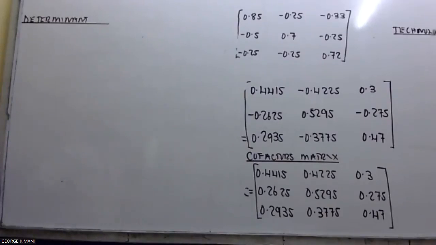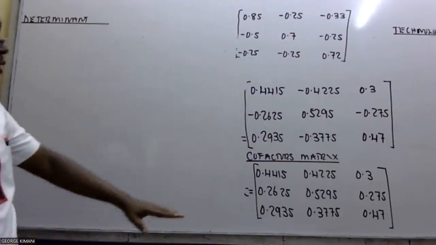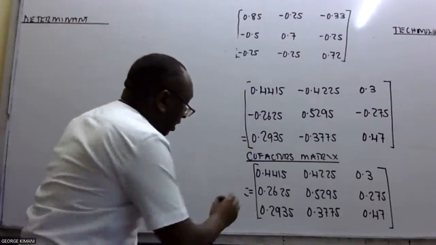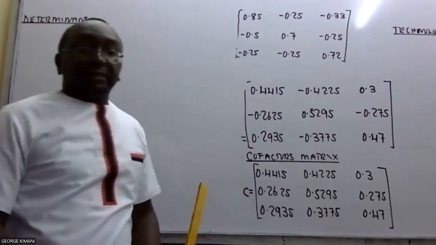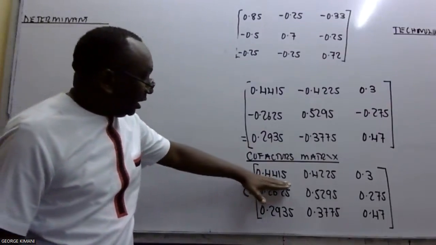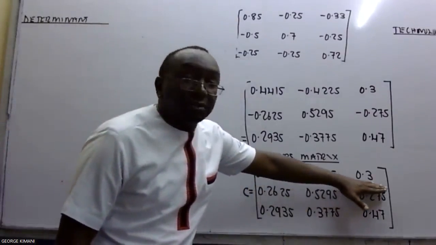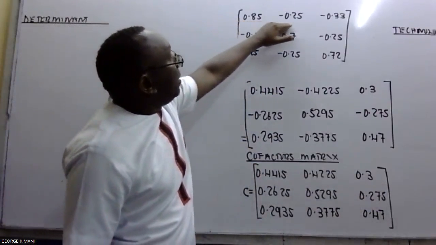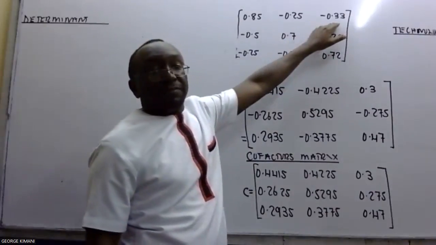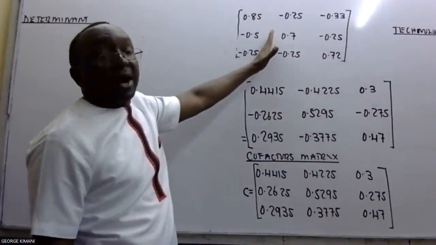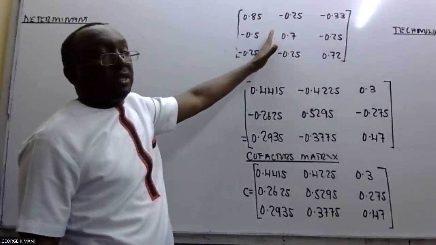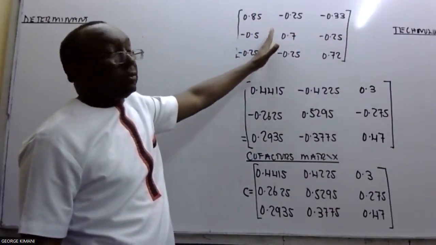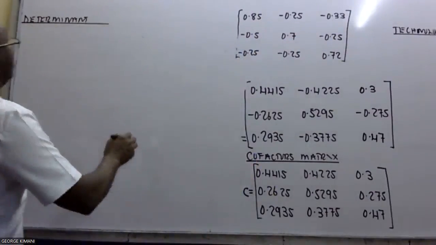So the determinant, this is how we get it. Where we have the cofactor matrix, you take these first row values. You multiply them with the first row elements of the matrix that you're dealing with. Remember, this is the matrix that we are looking for the inverse of.